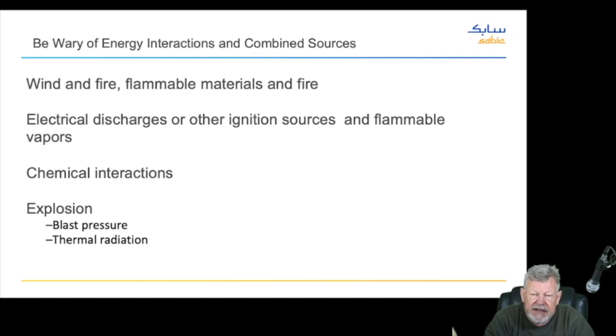So once you see these hazards, you also need to look at interactions between them. Then we're looking at explosions, and an explosion can cause damage in terms of sonic noise, a blast pressure wave, and also thermal radiation. So the effect can be multiple. It's not just in a single dimension.